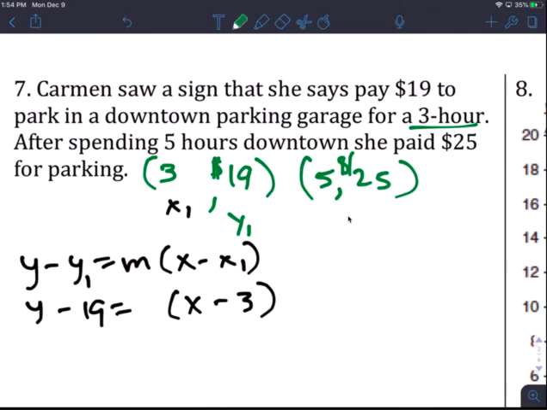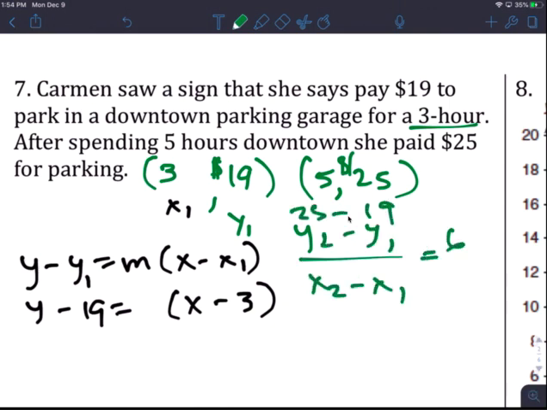Okay, I'm doing it in my head like y sub 2 minus y sub 1 over x sub 2 minus x sub 1. So 25 minus 19 is 6. 5 minus 3 is 2. So your slope is 3. Additive inverse.